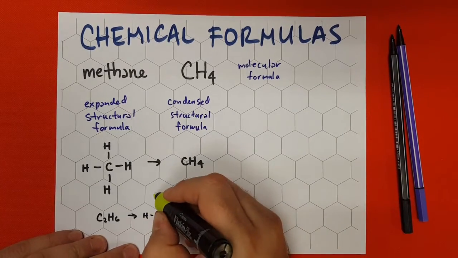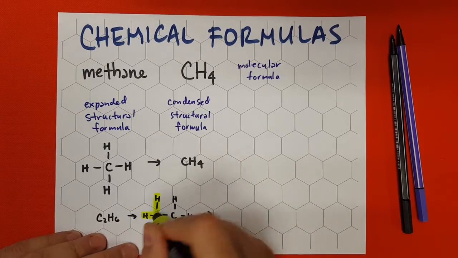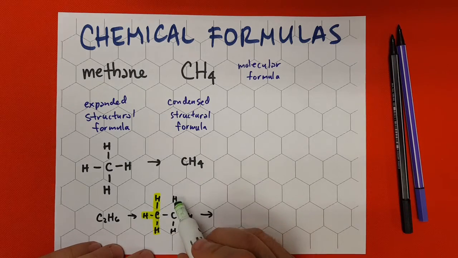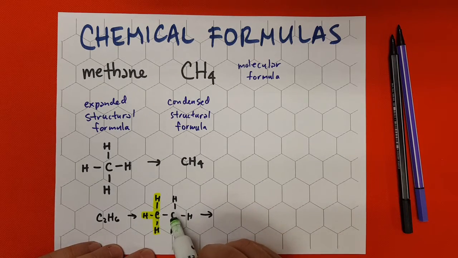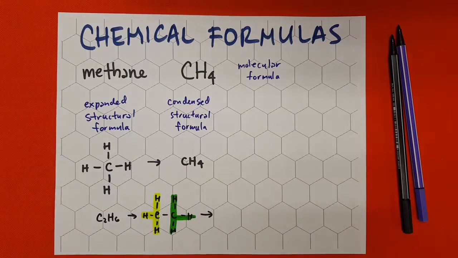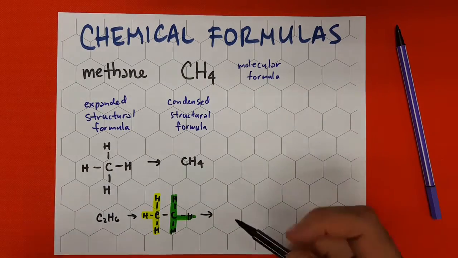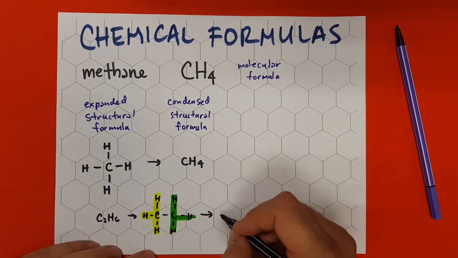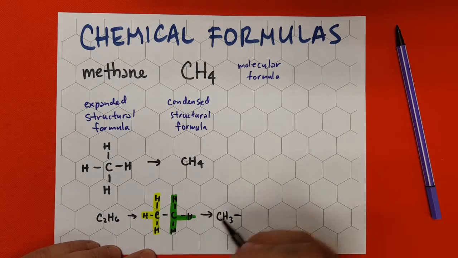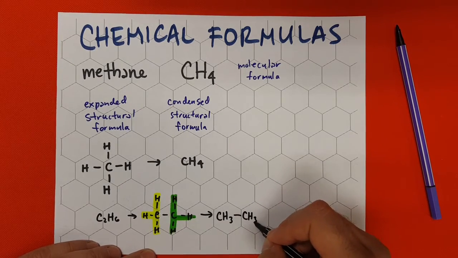So this carbon has 3 hydrogens attached to it, and this other carbon also has 3 hydrogens. So once we condense it, our condensed formula is going to be CH3, dash to indicate that single bond between the carbon and the other carbon, CH3.